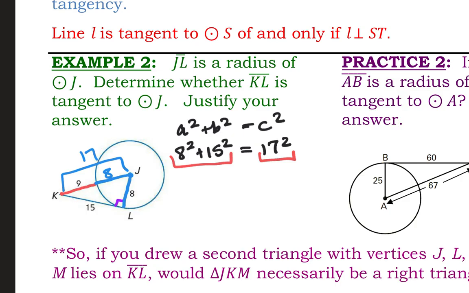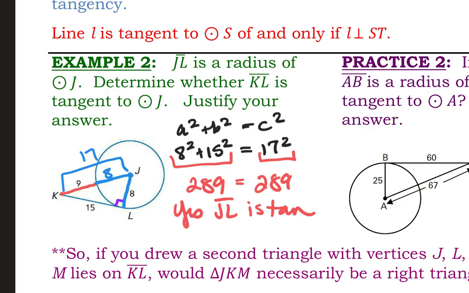Do they come out to the same number? Aiden, give me 8 squared plus 15 squared. And then who got 17 squared? What'd you get? 289? All right, so can I say this is tangent? Yes, so we can say yes, J to L is tangent.